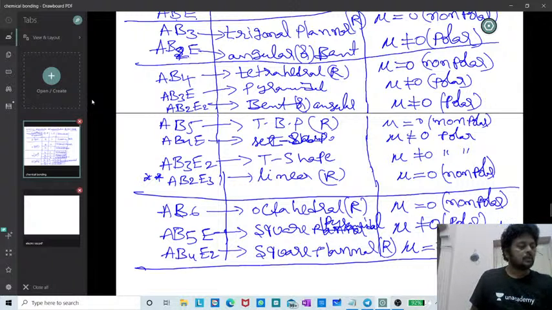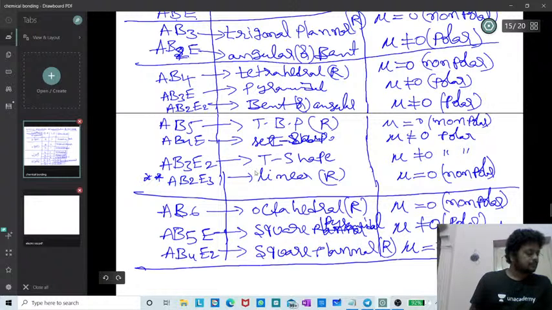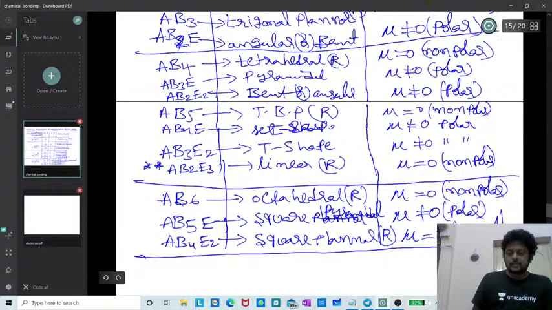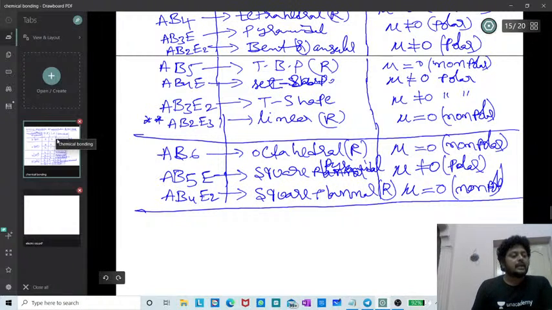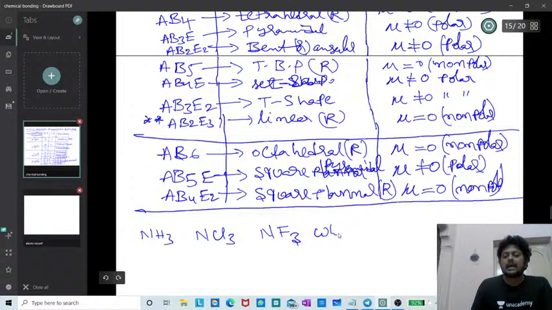Whenever a molecule has regular geometry, the dipole moment will be zero. Next, I will give a few questions based on this dipole moment. For example, if we take NH3, NCl3 and NF3, which has the highest nu?